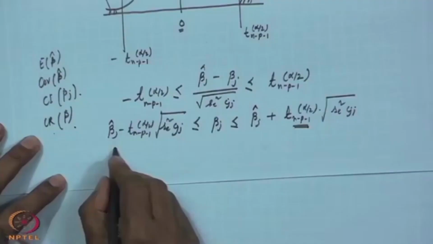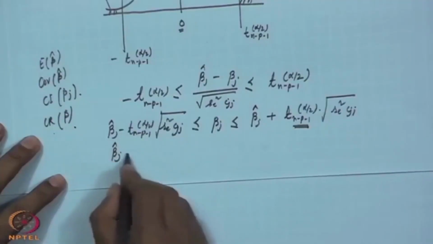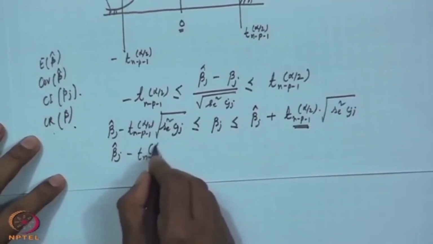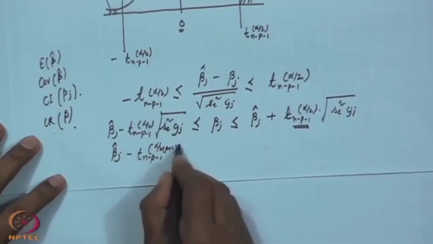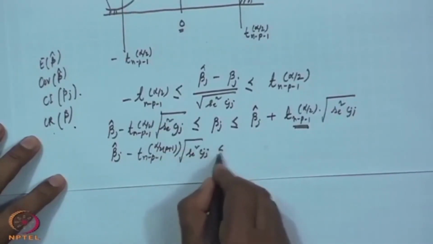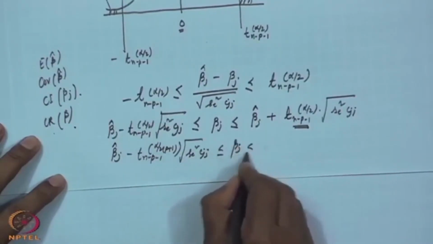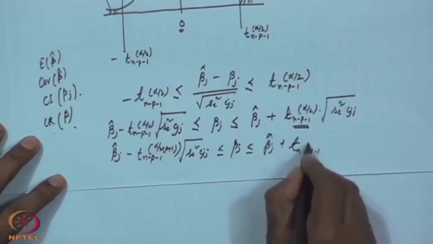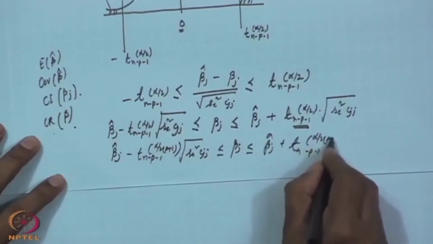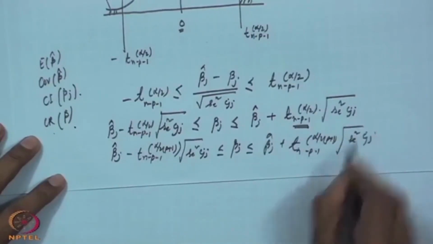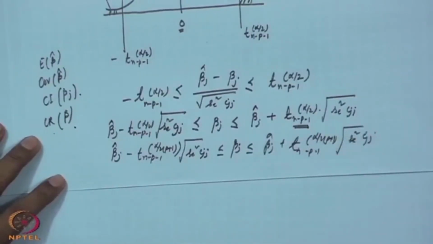So that means this will be beta j cap minus t n minus p minus 1 alpha by 2 into p plus 1 times the square root of s square C j j, less than or equal to beta j, less than or equal to beta j cap plus t n minus p minus 1 alpha by 2 into p plus 1 times the square root of s square C j j.